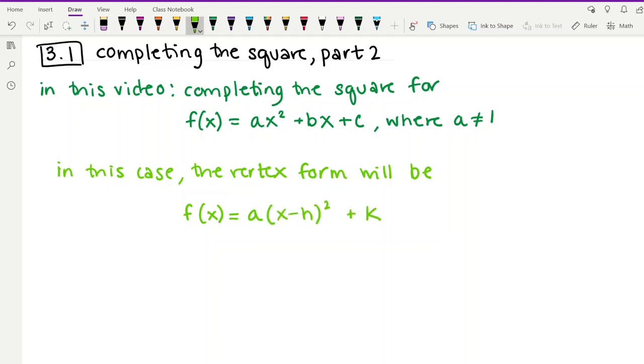If you go back to the last video and look at all the examples we did, they all started with just x squared, right? There was no number in front of x squared. And so similarly, when you completed the square, there was no number being multiplied with the x minus h squared. But in this video, there will be. And an important thing to realize is that whatever that number a is when you're in standard form, it's going to be the exact same number a in vertex form. So we'll keep that in mind as we go through these examples.